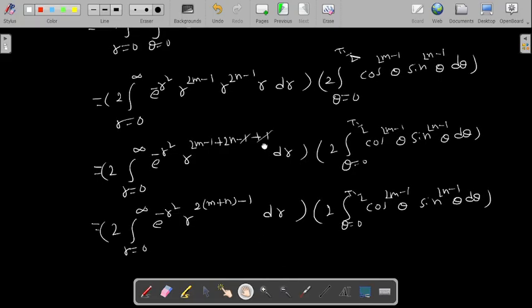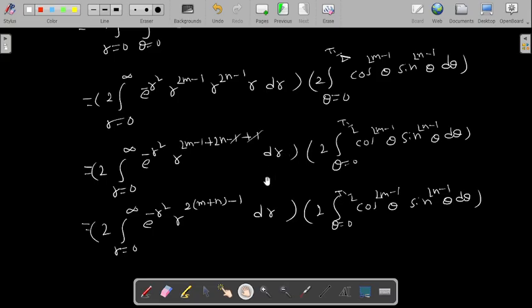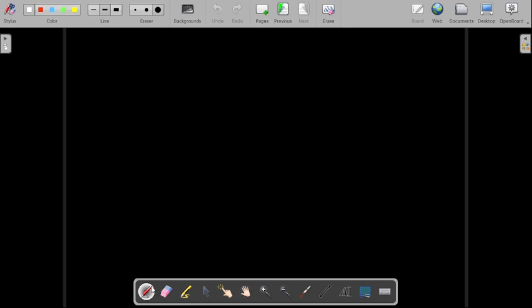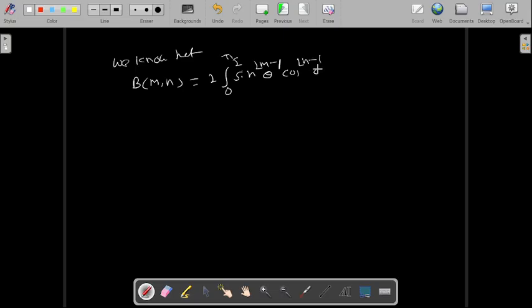So now we recall the beta function in trigonometric form. In the exam you can directly write beta of m comma n; I am writing it for explanation. Beta of m comma n, generally you learn like this: 2 into integral 0 to pi by 2 sin power 2m minus 1 theta cos power 2n minus 1 theta d theta.